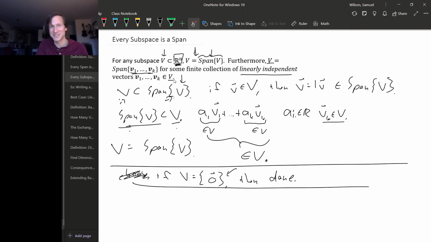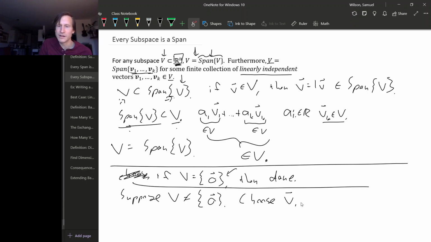You don't need any vectors to create the span if you have only the zero vector. So let's suppose that V is not just the zero vector. Then we can choose some vector v1 in V that isn't the zero vector.